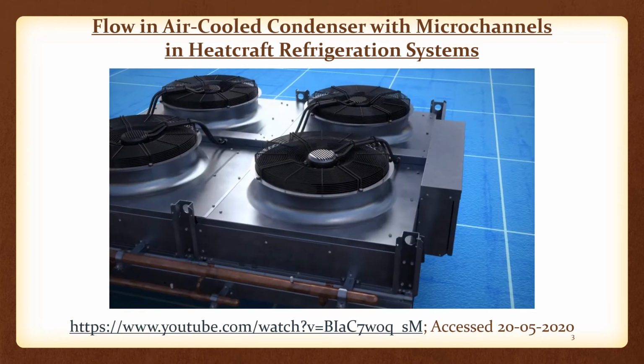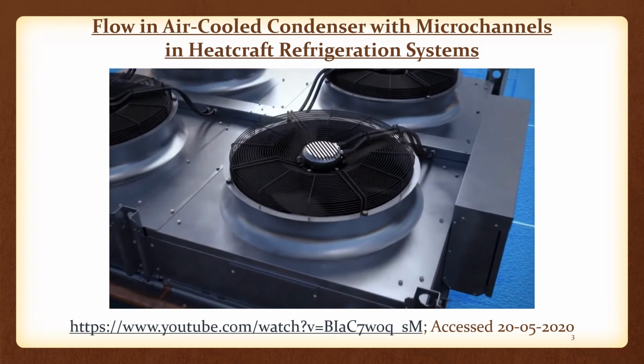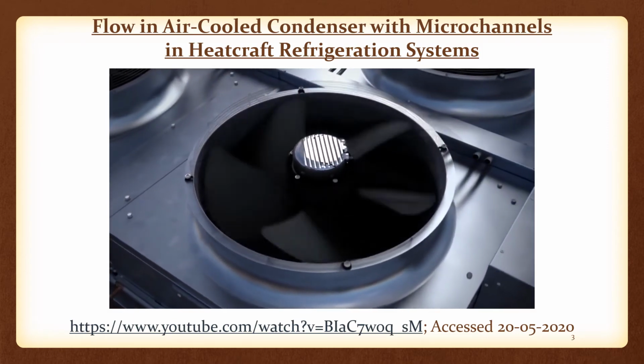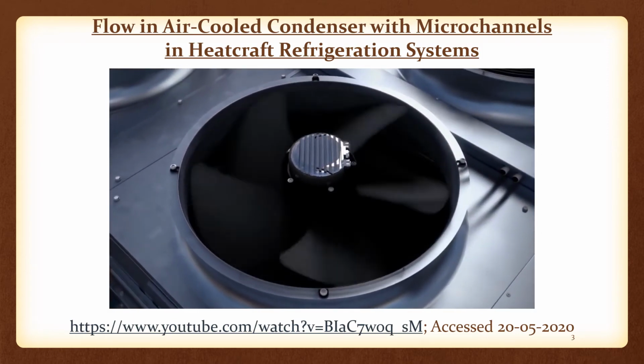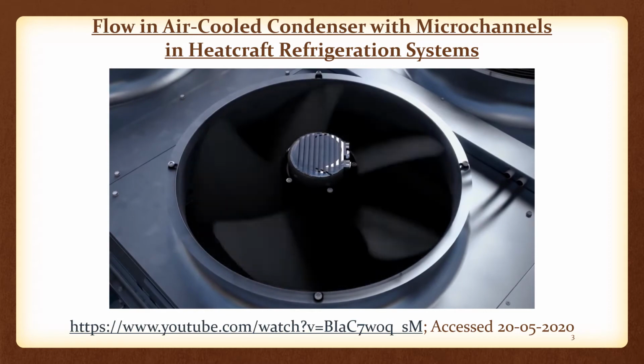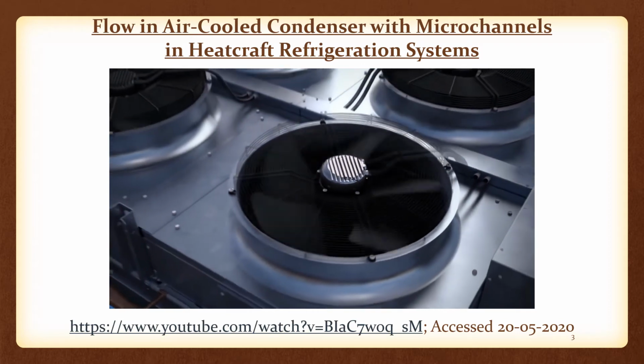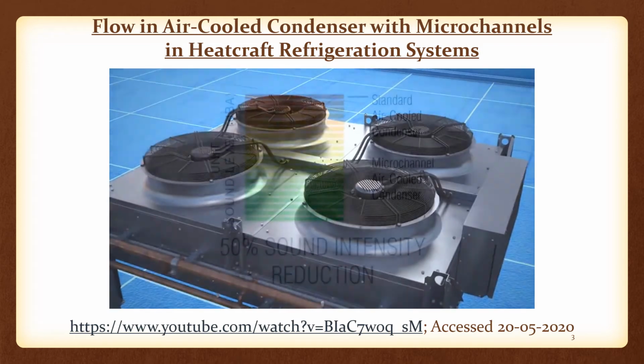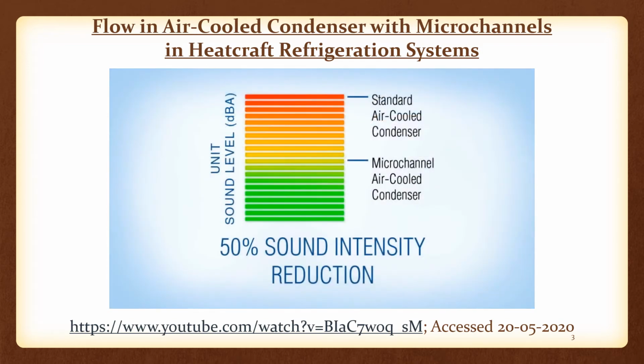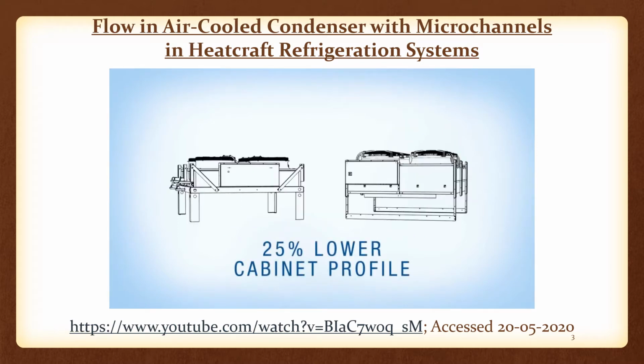For added energy savings, variable speed EC motors work with the microchannel coil to optimize efficiency, adjusting speed according to system demands and stabilizing head pressure. But energy savings aren't the only benefit these components offer. Combined, the efficient coil and EC motors reduce system sound intensity by 50%, 3.4 decibels lower than comparable air-cooled condensers with EC motors. Plus, our new air-cooled condenser features a 25% lower cabinet height, which significantly reduces visibility.